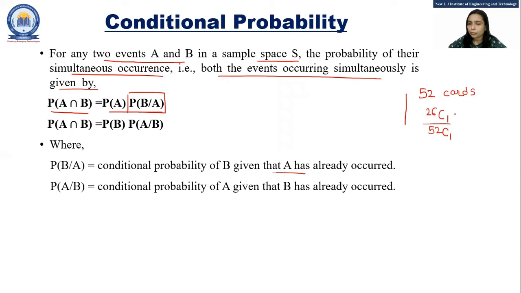Now, suppose event A is getting a red card. Now assume that there is one more event, event B, of getting a face card.